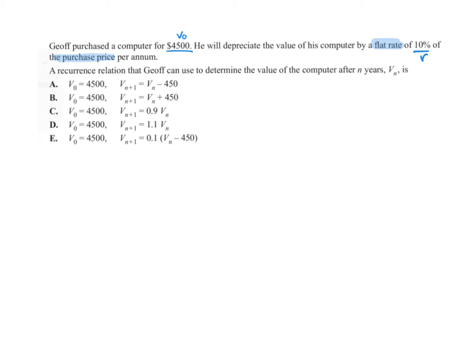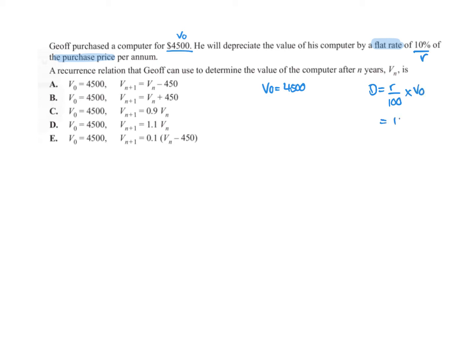So you could go to your formula sheet, and we're going to see we've got a recurrence relation. We need to write, first, the V0, which you can see they all have, so that's not going to be a point of difference. And then we would use our D value. Now, we've got to work that out.